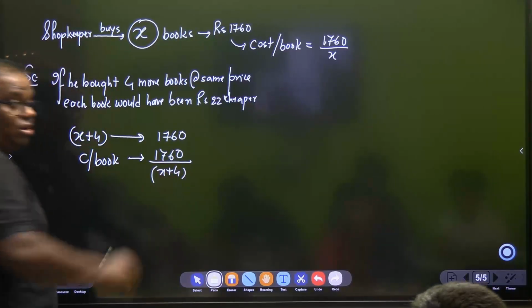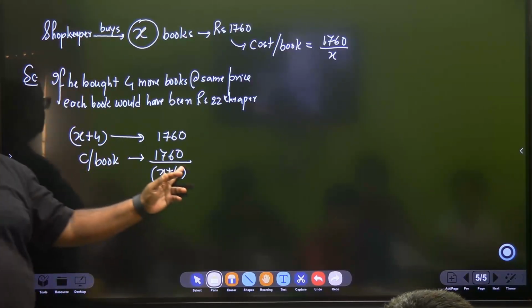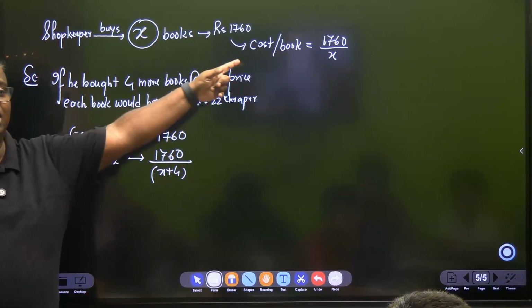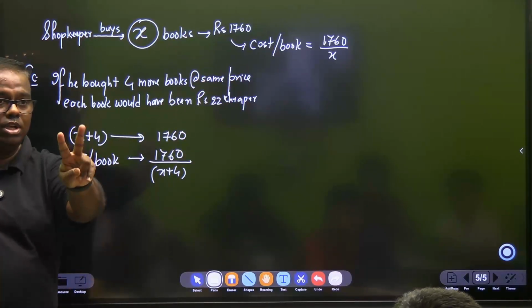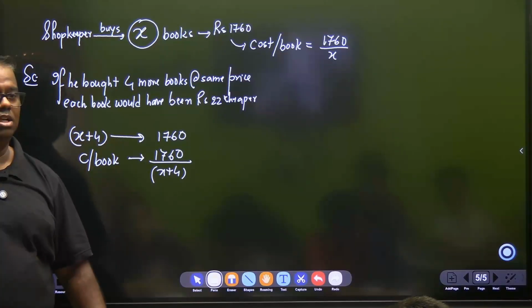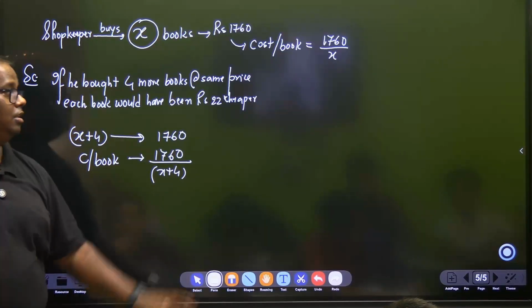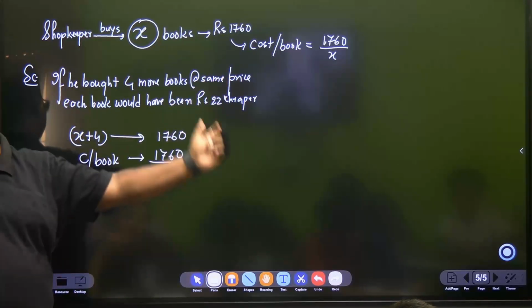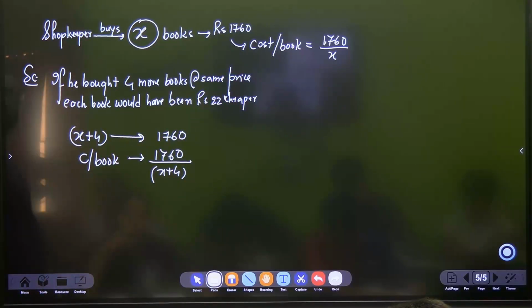Do you agree or not? And this cost is lesser than that cost by how much? 22 rupees. Agreed? Did you understand? This cost is less than that cost by 22. So your equation is ready.